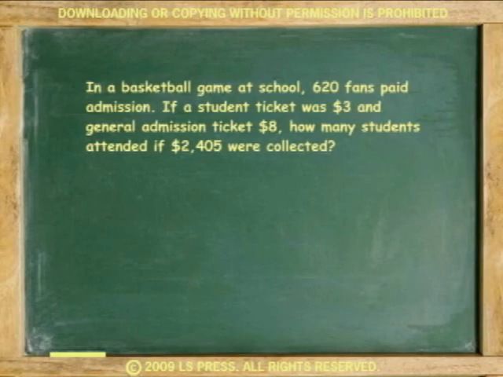One more example. In a basketball game at school, 620 fans paid admission. If a student ticket was $3 and a general admission ticket $8, how many students attended if $2,405 were collected? Two equations must be extracted from the information. Students plus general admission equals 620, or S plus G equals 620.